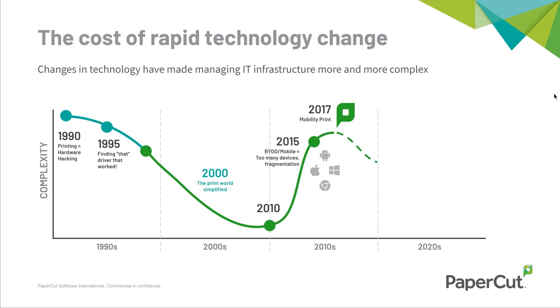Mobility Print had a huge impact on the BYOD and mobile space. But there was another trend as well in the managed space, and this is what we're going to go after with Print Deploy. In 2019, the aim is to deploy Print Deploy to get printing back to the simple days of the 2000s. Let me go a little bit more into some of the trends in this managed print space.